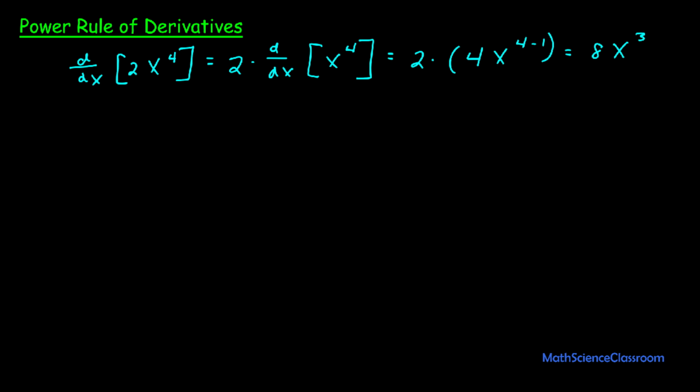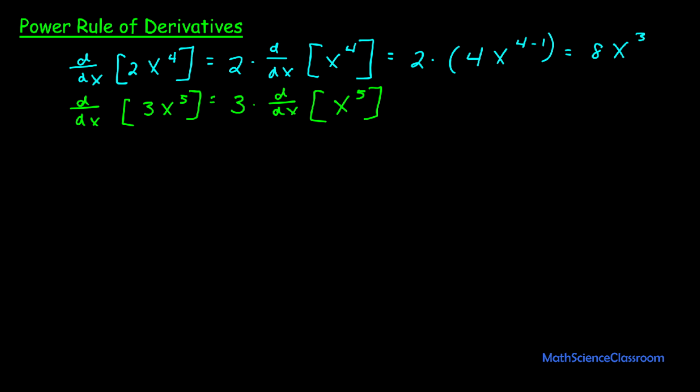Let's try another. d dx of 3x to the fifth. So we apply the constant multiple rule, equals 3 times d dx of x to the fifth.